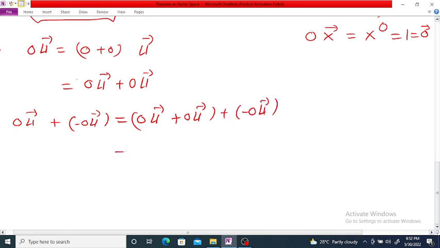Now by using the associative property we can write this as 0 u bar plus 0 u bar plus minus 0 u bar.